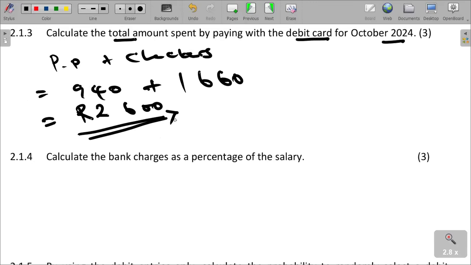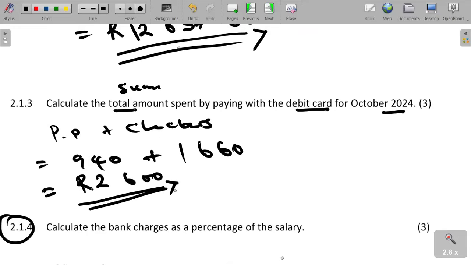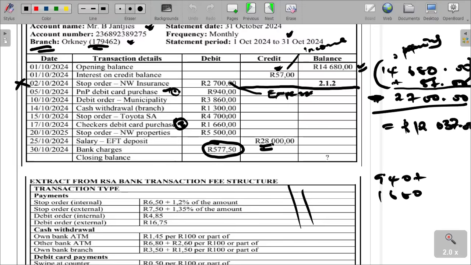And then the next question is saying calculate the bank charges as a percentage of the salary. We have to go to the statement again. Our bank charges is equal to 507, and the salary is given here, the salary FET deposit, which is 28,000.